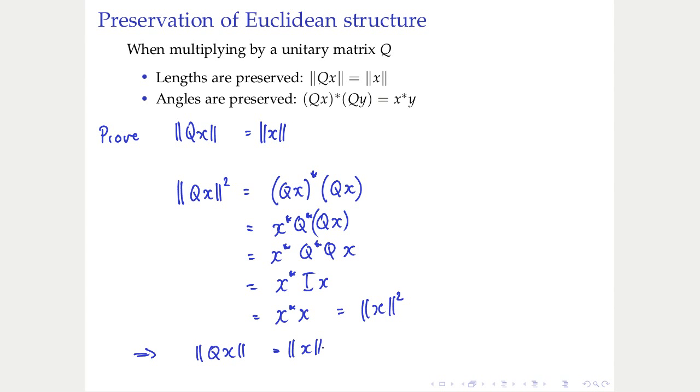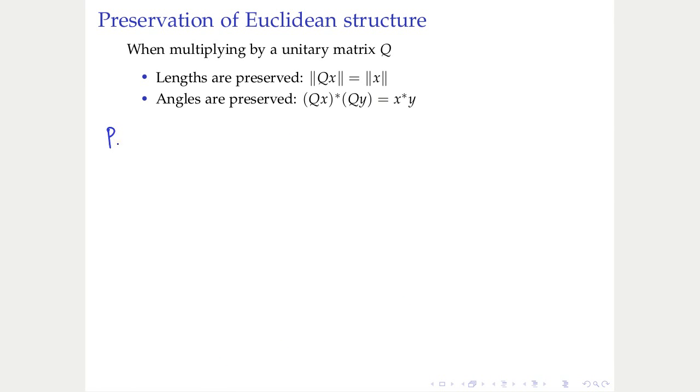Alright, well how about angles? Basically we deal with that in almost exactly the same way. So angles are preserved. Let's get another page to do that one. Prove that (Qx)* Qy is equal to x* y.